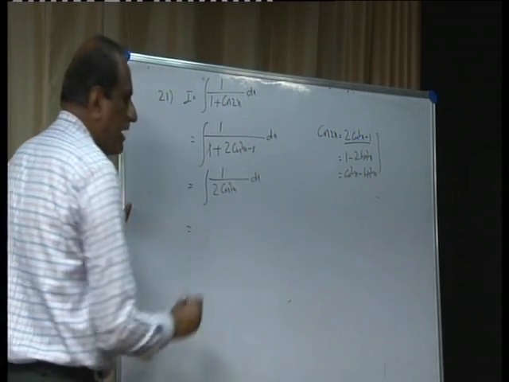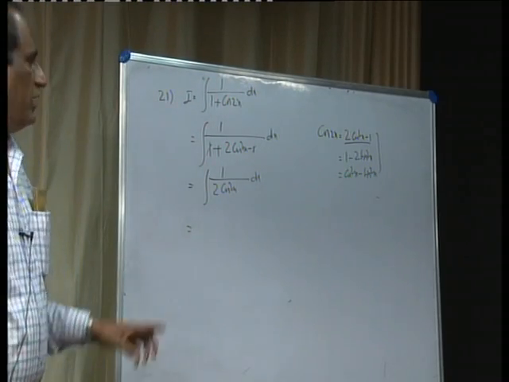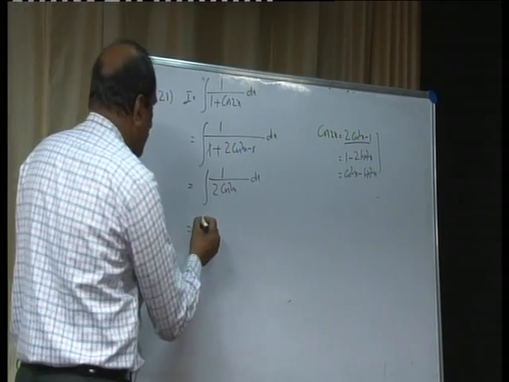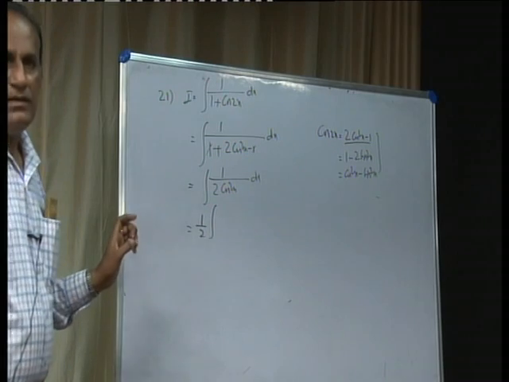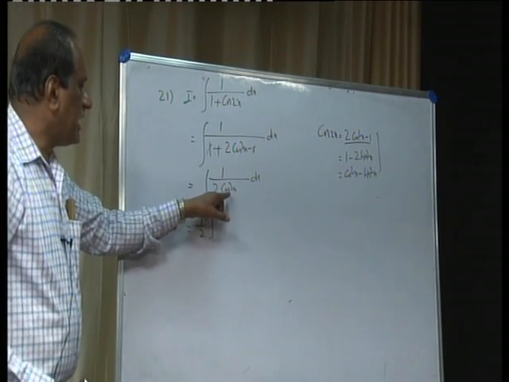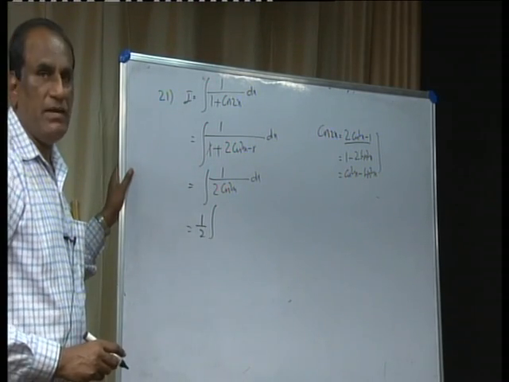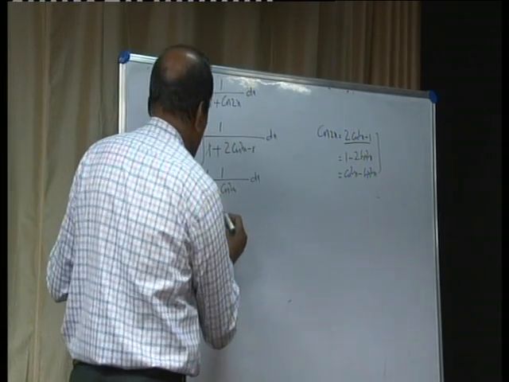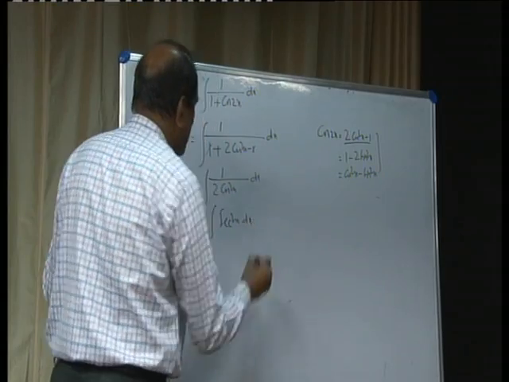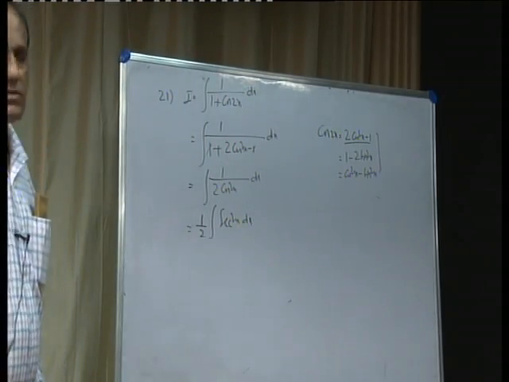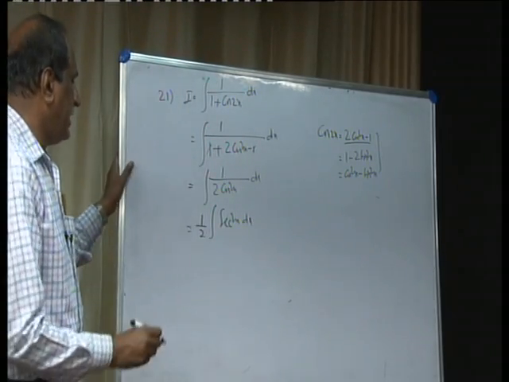Try to take the denominator to the numerator before going to integrate. See here, 1 by 2 is a constant. So, take 1 by cos square x to the numerator, that is secant square x dx. So, what is 1 by cos square x? 1 by cos square x is secant square x.